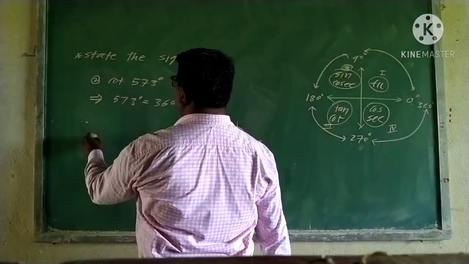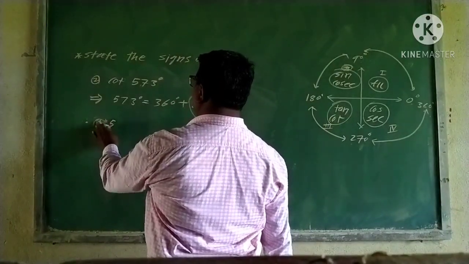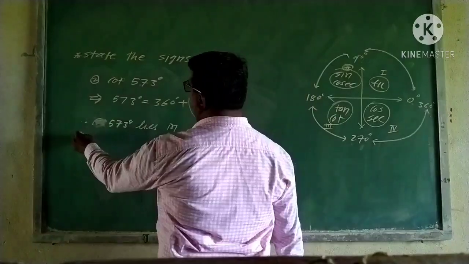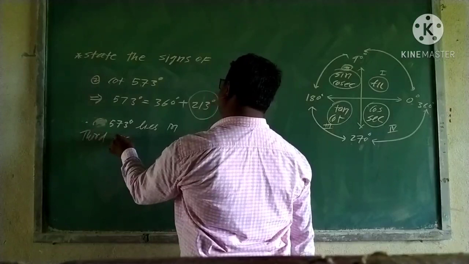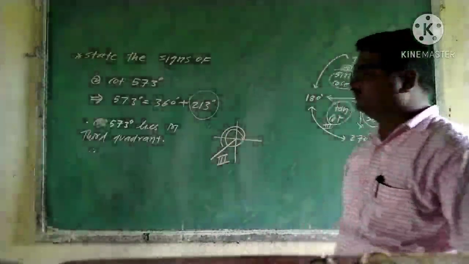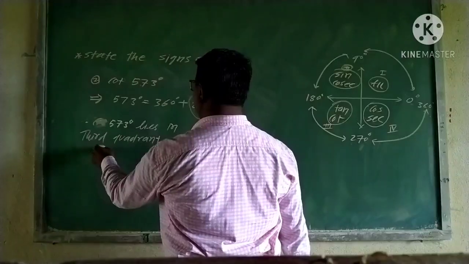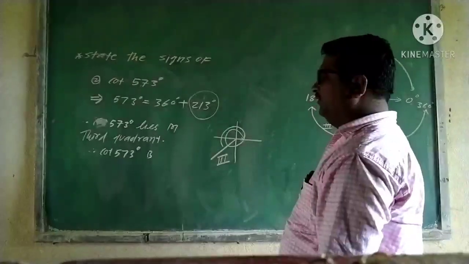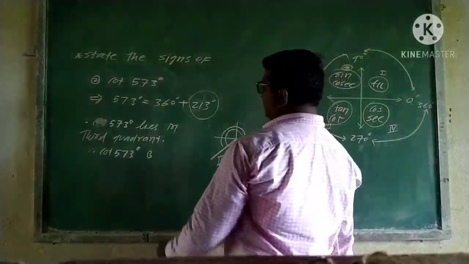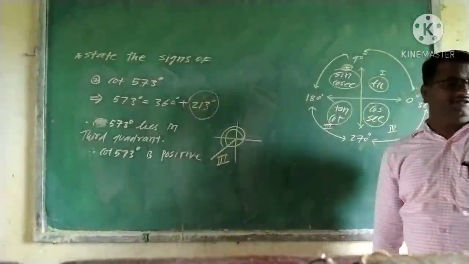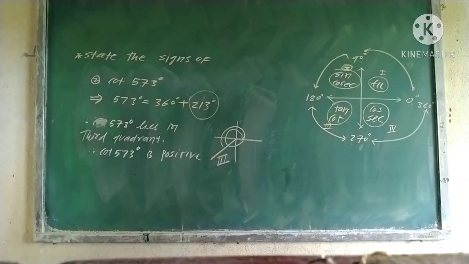So 573 degree lies in the third quadrant, so cot of 573 degree is positive, because in the third quadrant cot has a positive sign.